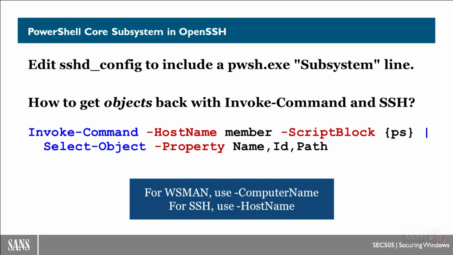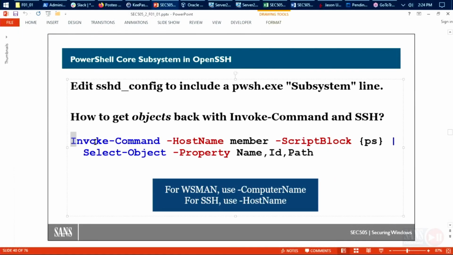There's another subtle difference here. I mentioned it very briefly, but it makes a big difference. We saw Invoke-Command earlier today. But earlier today, when we connected to a remote machine, we connected with the -ComputerName parameter.